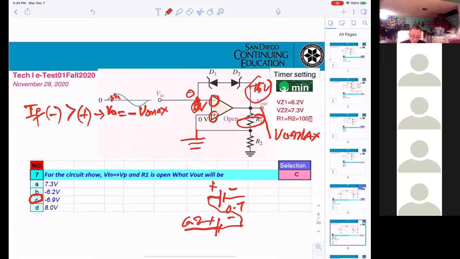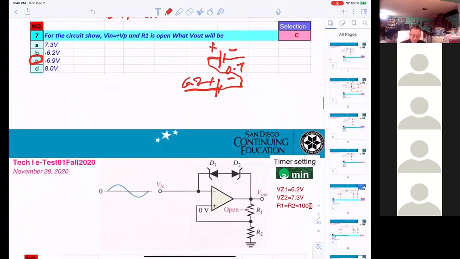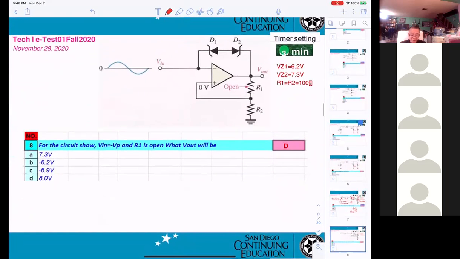What I want to make sure you understand, this one will be D1 breakdown. D2 normal. So the answer will be minus 6.9. Same thing.